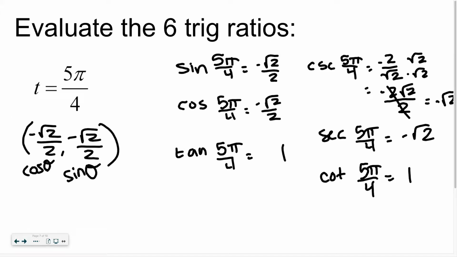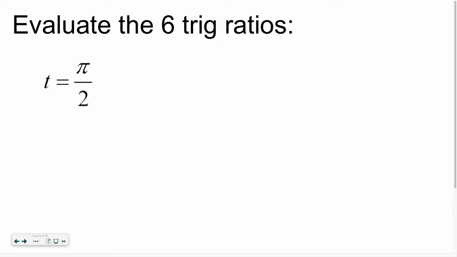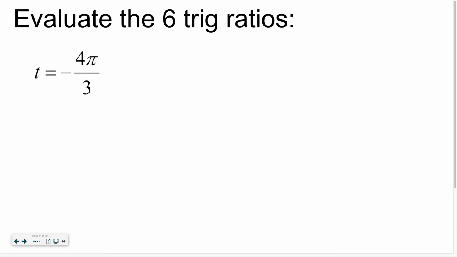Now, if you get to a problem where your angle is not really on the unit circle, like t equals negative 4 pi over 3, just use a coterminal angle. Actually, no, just add 2 pi, a full revolution, right?